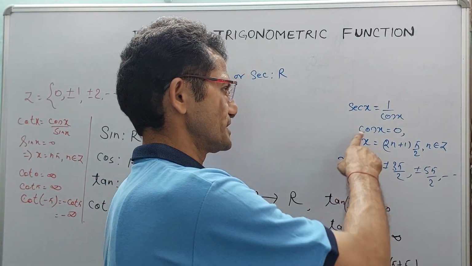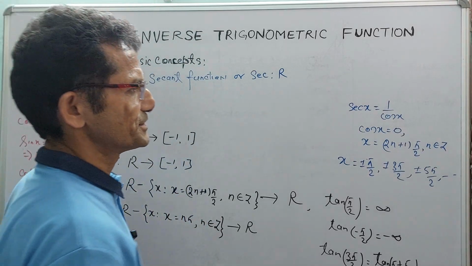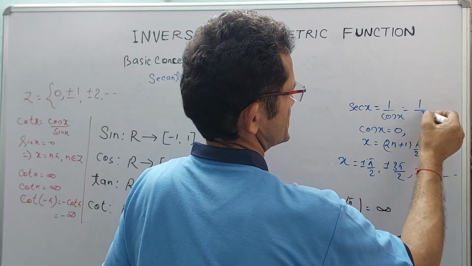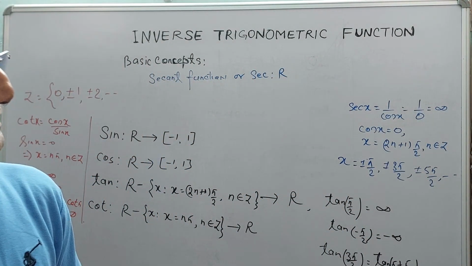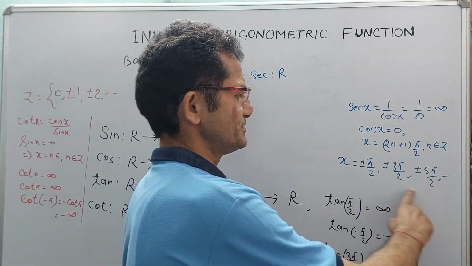On these angles cos x will be 0. When something is 0 in the denominator, the result is infinite, so it is not defined. Therefore sec x is not defined at these values.